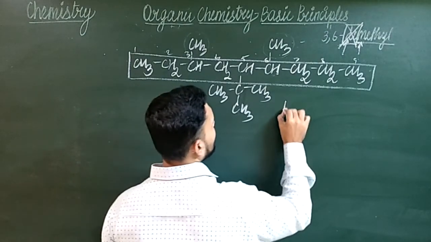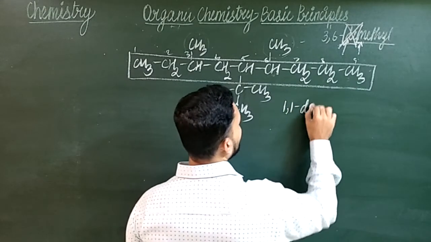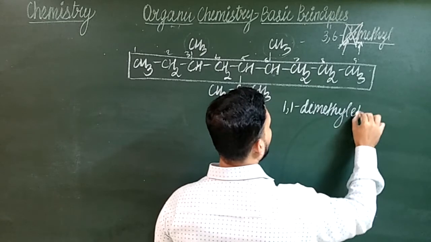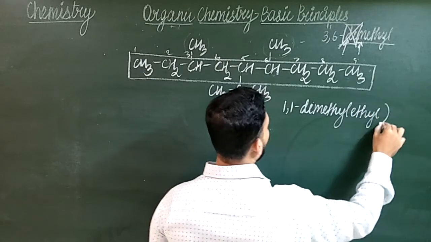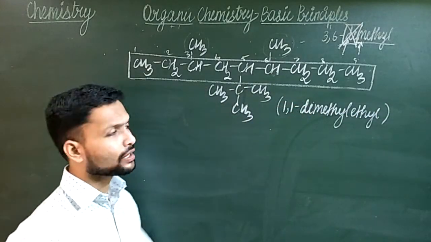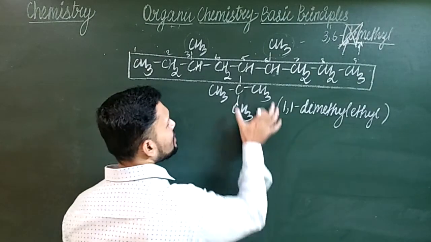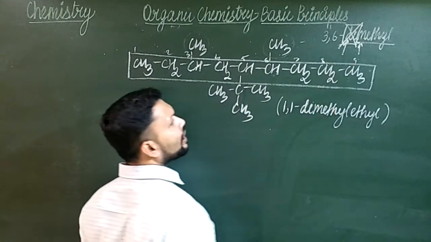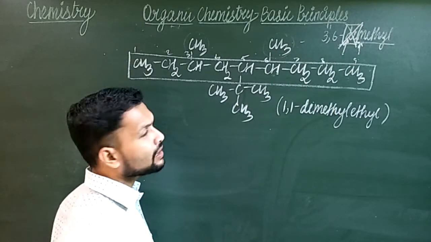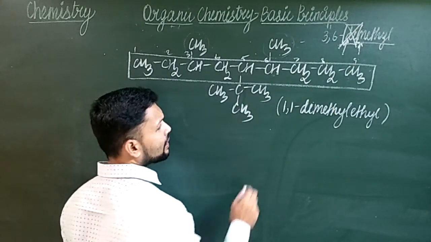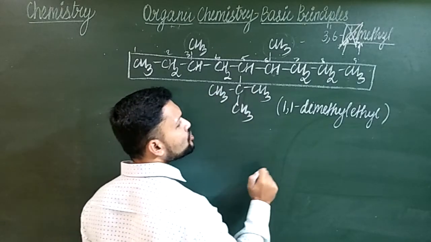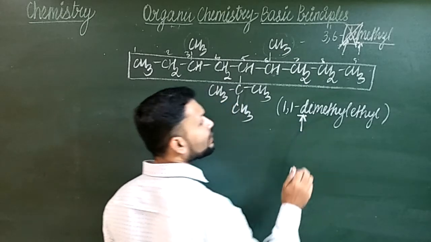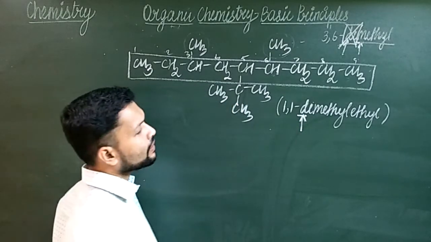Over here the name is 1,1-dimethyl ethyl. Now look over here, this is a complex substituent. In a complex substituent, this is considered as a whole. Here only methyl is there, so simple, the prefix is not considered in alphabetical order, but this entire thing is one unit.